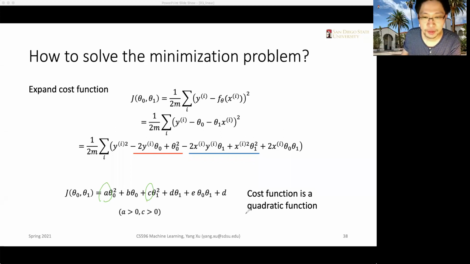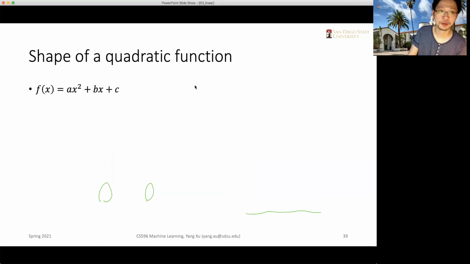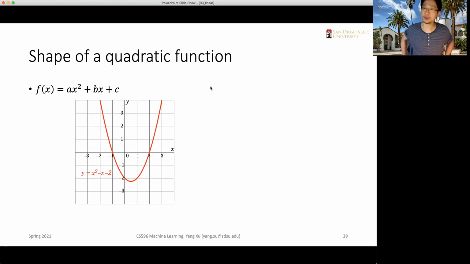Okay, the property of a quadratic function is that we can find the minimal point of it. If we look at a one-variable quadratic function in this general form, a times x squared plus b times x plus c, and draw it on the plane, it should be like this, right? We can always find the minimal value where its derivative equals 0. Okay, that's where it is.